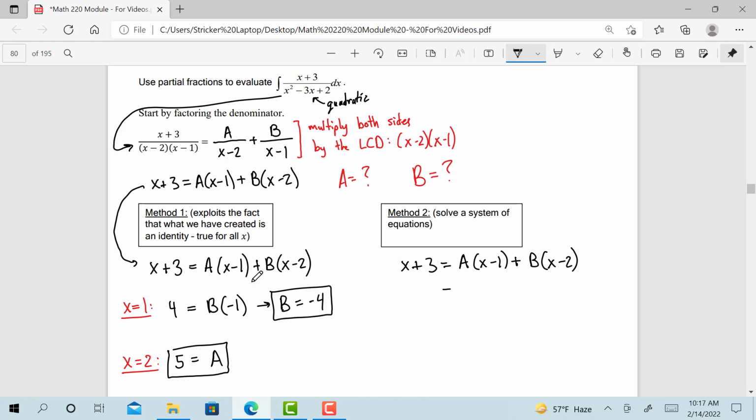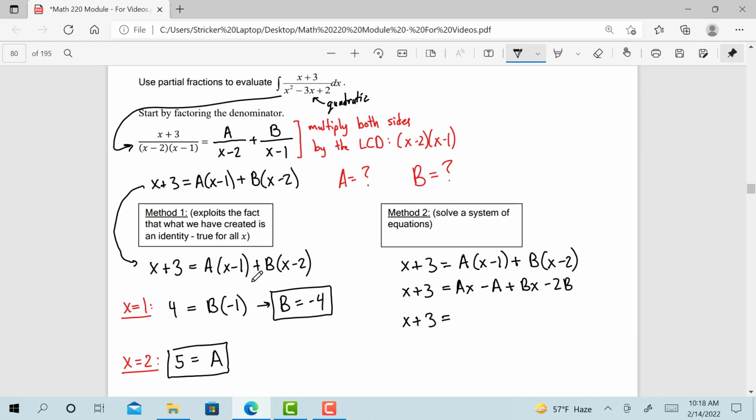So if we distribute the a and the b in, we get ax minus a plus bx minus 2b equals x plus 3. And then we're going to go ahead and group like terms together on the right-hand side. So left side, let's leave it as x plus 3. But on the right side, we have x terms.